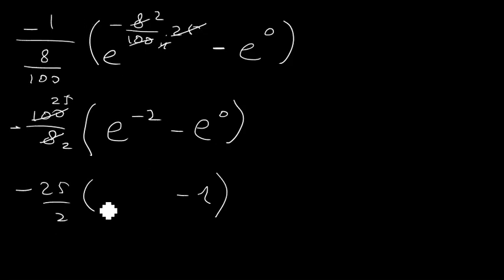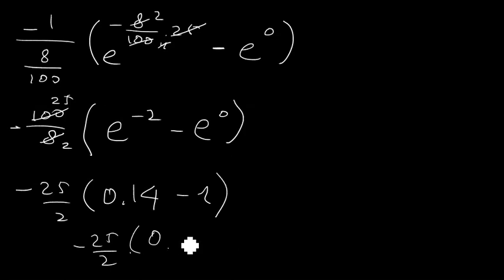This becomes 0.135. Maybe we can just round it. Then minus 25 over 2 times this becomes 0.86. I suppose this is minus. All right. Not yet.